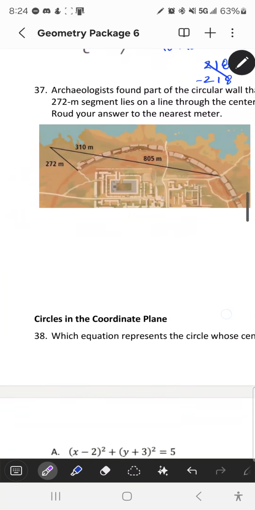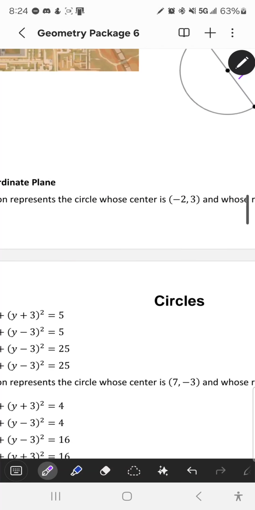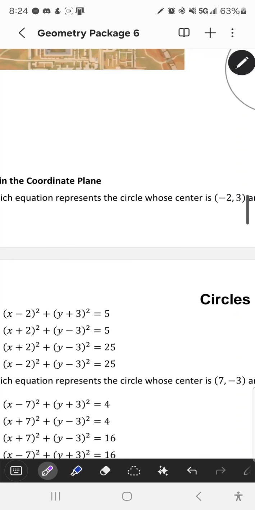And that's our answer. Now let's see, circles in the coordinate plane. This is a lot easier since only one theorem is applicable for everything.